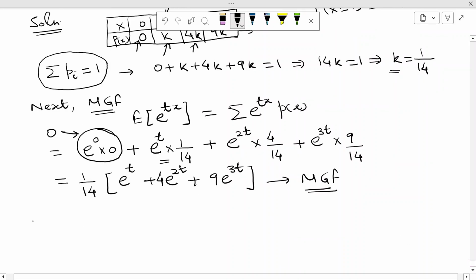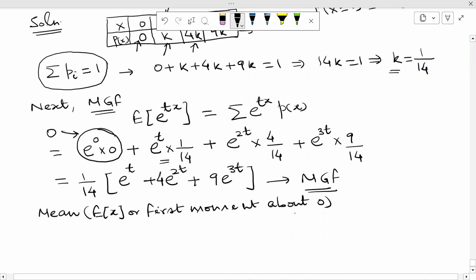Now, this is the procedure by which we can obtain the moment generating function. Next we will find the moments. Suppose we have to find the mean, which means the expectation of x, or the first moment about 0, and the variance.